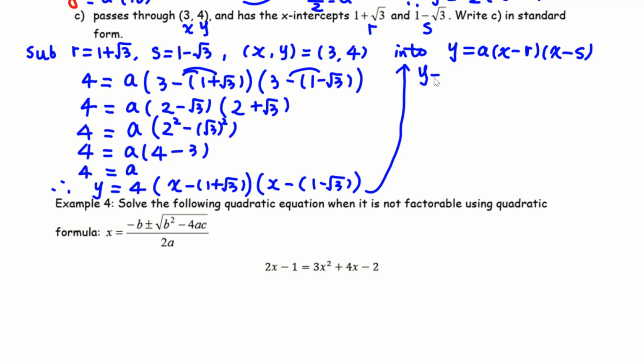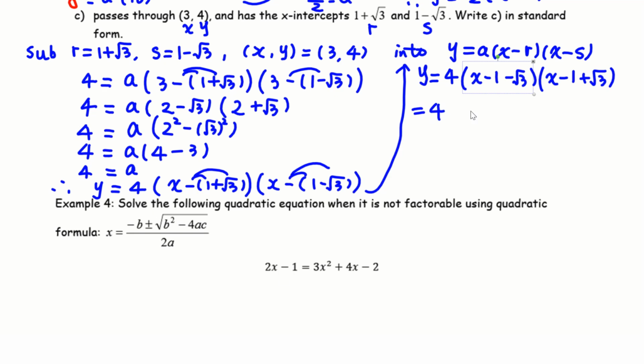So we continue. y equals 4 bracket, get rid of the bracket, so x minus 1, then minus square root 3, and times x take away 1, then minus is plus square root 3. And to change it to standard form, we are going to have 4 bracket.